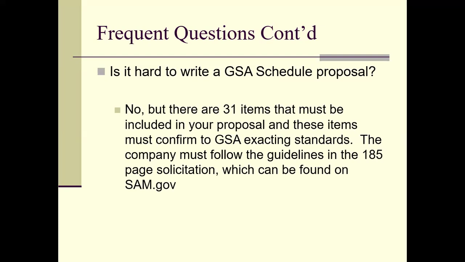With over 400 different SINs, or special identification numbers, you have to be able to narrow it down and focus on what you want to have on your schedule and how you want to proceed. So with that background, we're going to take a look and do a deep dive into the schedule.